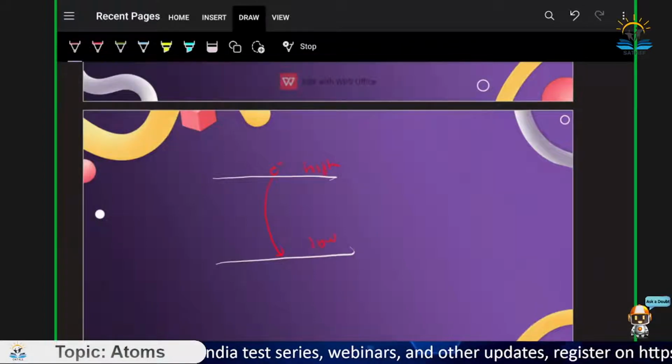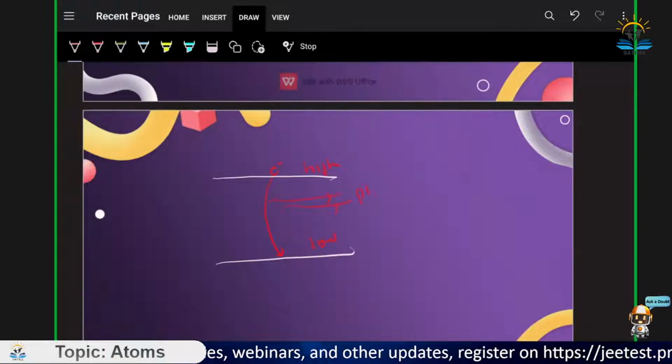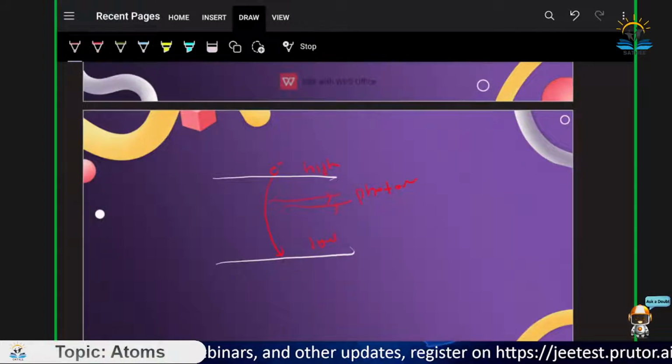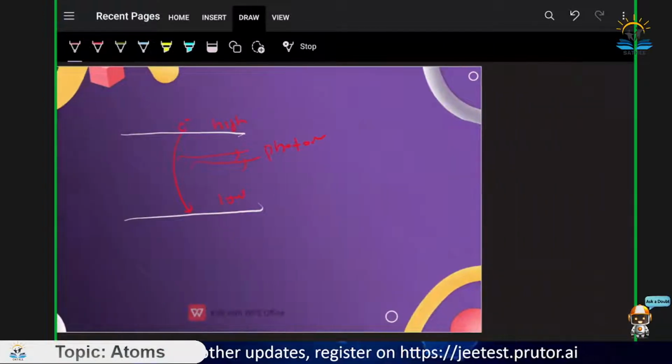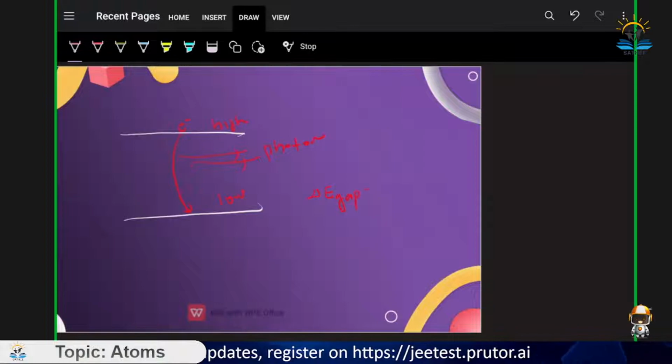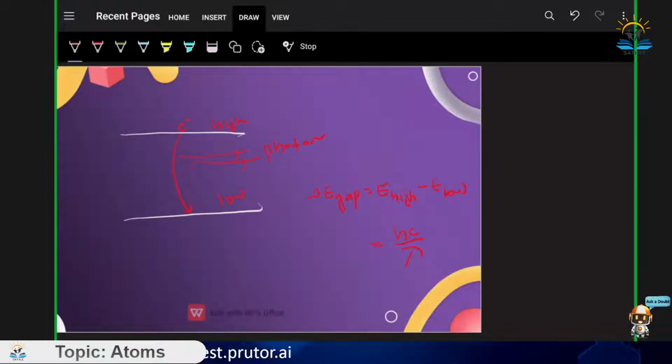Then the electron will emit a photon, and this energy gap is equal to high energy minus low energy. We can also equate this with hc by lambda. From that we will get the wavelength of the photon.